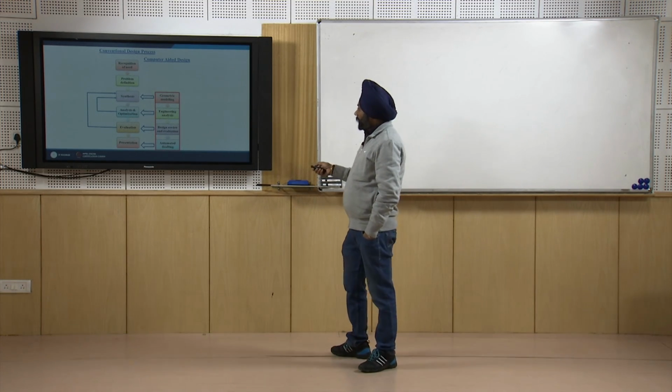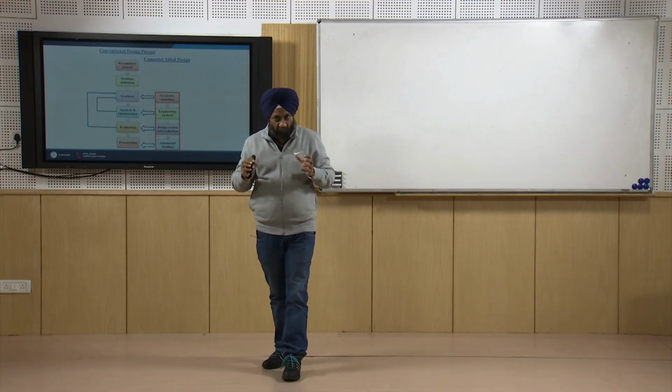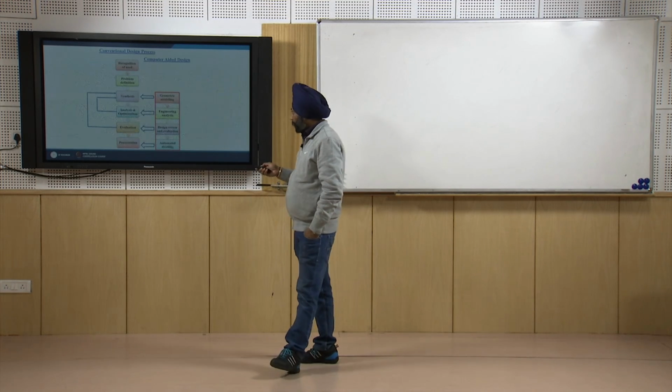So this is what is outlined as the computer aided design process, or the various steps involved in it. Right here we have all the information related to what we actually want to design, and based on that we will follow these steps and come up with a design which is now ready for prototyping and manufacturing.